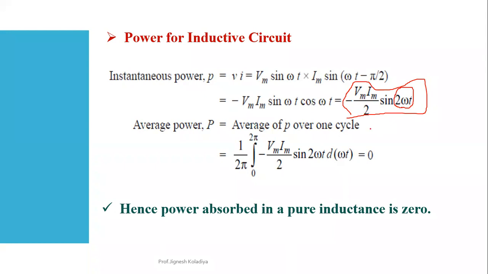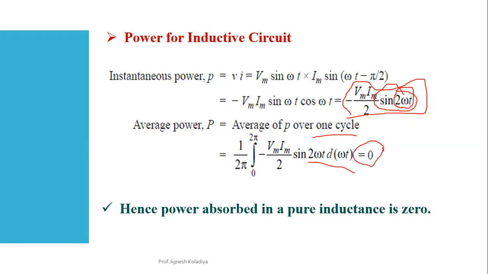If you take the average of this over one cycle, as it contains a sine term, we know the average over one complete cycle for a sinusoidal or cosinusoidal waveform is 0. So the average power is 1 upon 2 pi integration 0 to 2 pi of minus Vm Im by 2 into sin 2 omega t d(omega t), which is nothing but 0.